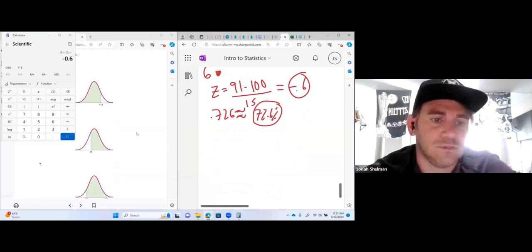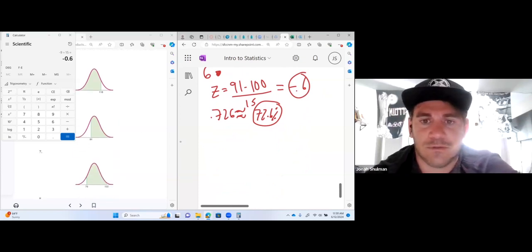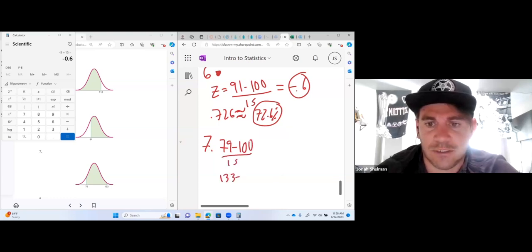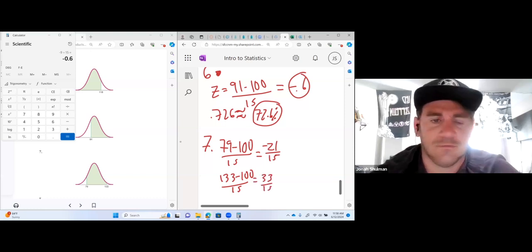That's what that means. All right, so 7 is the between, so we have to get 2 z-scores. So this is going to be 79 minus 100 divided by 15, and 133 minus 100 divided by 15. So this is going to be negative 21 over 15, and this is going to be 33 over 15.